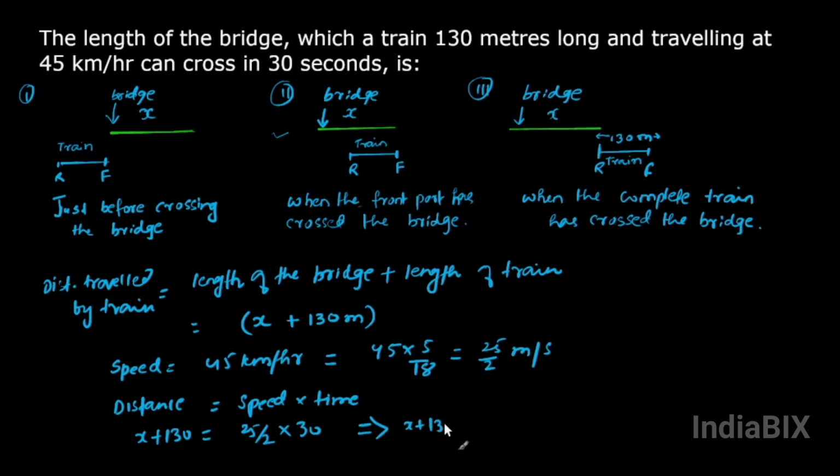So x plus 130 equals 25 by 2 into 30, 15, this will be 375, and x will be 375 minus 130, 245 meter. So 245 meter is the length of the bridge. This is the answer.